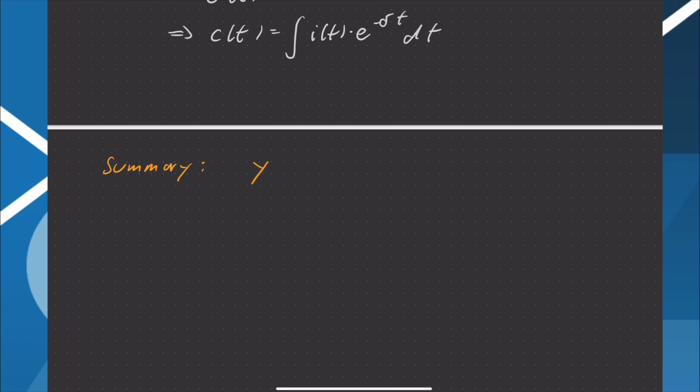So we have a function y, and a differential equation y prime of t equals some constant delta times y of t plus some inhomogeneous part I of t. And how do we solve that?